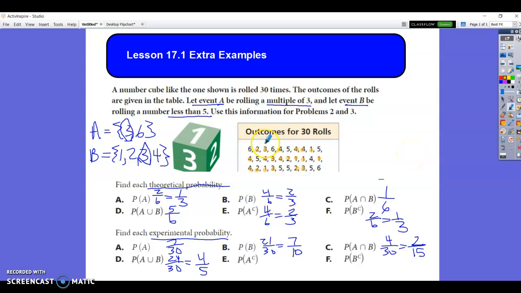All right, so we've got 1, 2, 3, 4, 5, 6, 7, 8, 9, 10, 11, 12, 13, 14, 15, 16, 17, 18, 19, and 20.